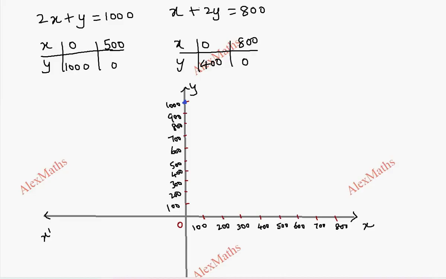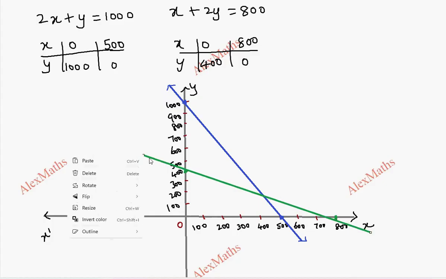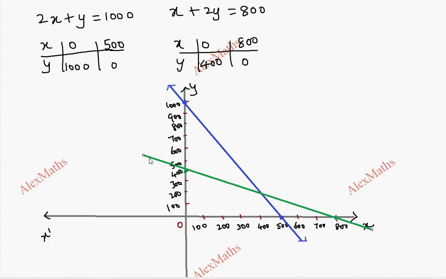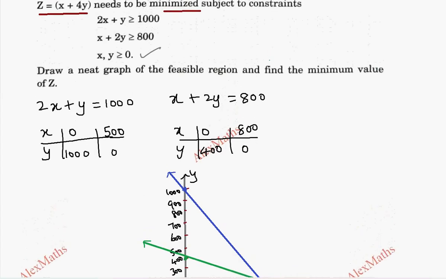So now 0, 1000 and 500, 0. So this line we are going to join like this. Then the second line we have 0, 400 will be here, and 800, 0 will be somewhere here. So this will be here. Now put arrow for this, and both having the inequality greater than 0.